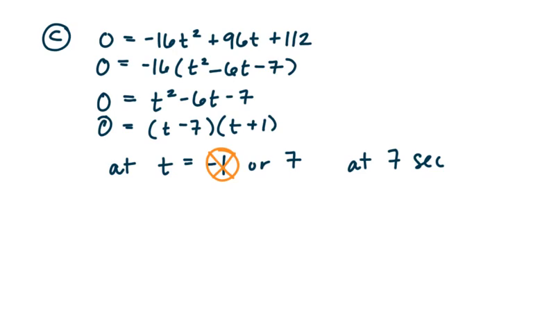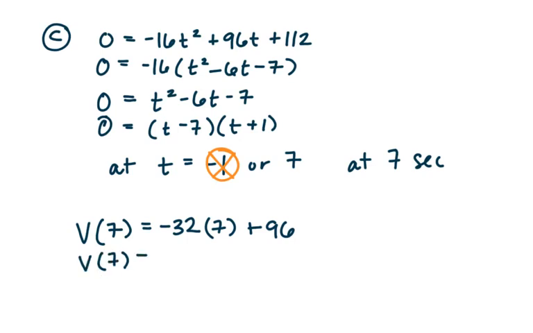Okay, so what is the velocity at 7 seconds, right? Find its velocity when position is 0. So the velocity at 7 seconds is negative 32 times 7 plus 96.